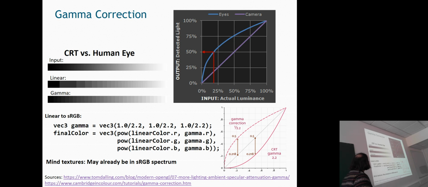Gamma correction is another thing that we need to consider if we want to have a visualization that corresponds to human biology and human vision. If we have this kind of smooth input and linear steps for representing that, we will get something like this.